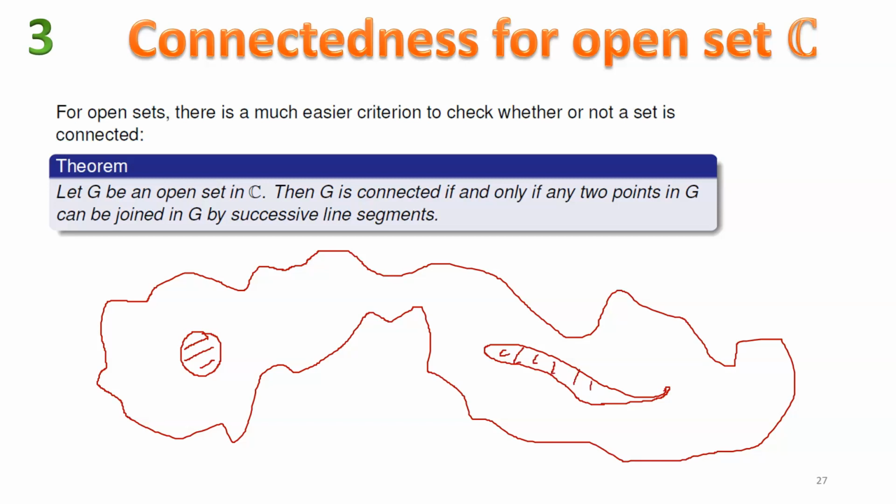Let us suppose that the 2 points under consideration are A and B. They are part of the set, say E. Now the set is said to be connected if we can draw a line from A up to B and that line is included in the set.